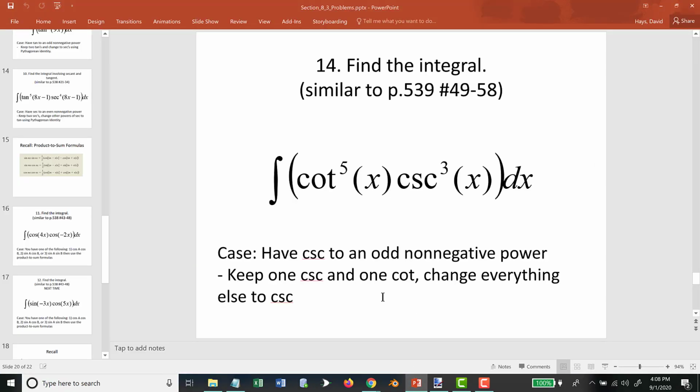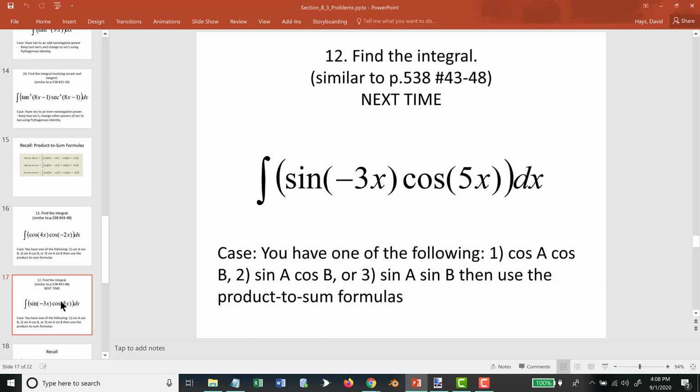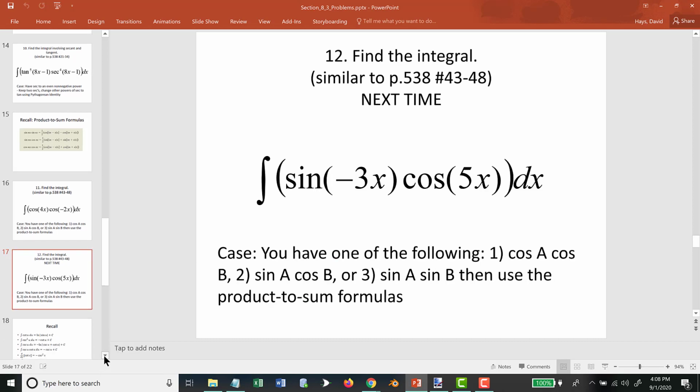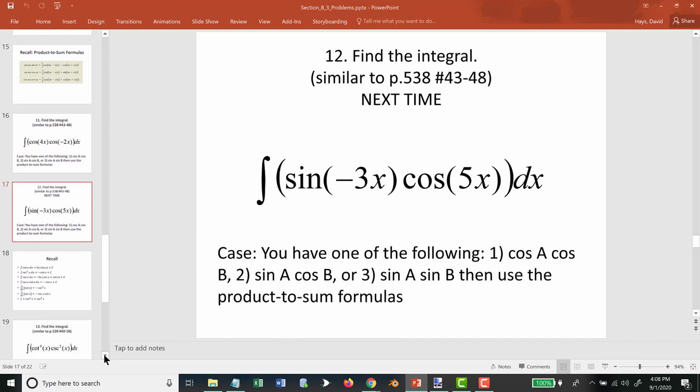Okay, let's take a look at this, or actually, where am I at? This problem. Okay. That's where I left off, number 12.